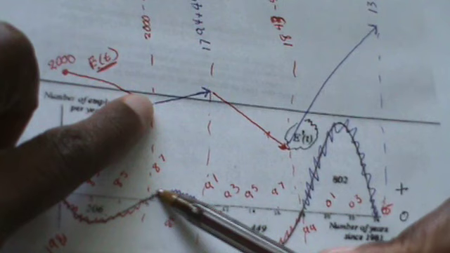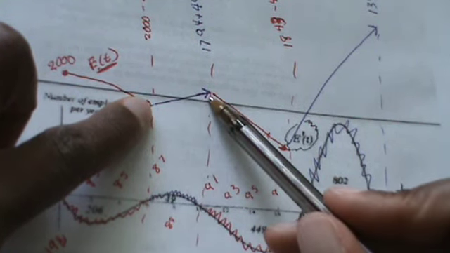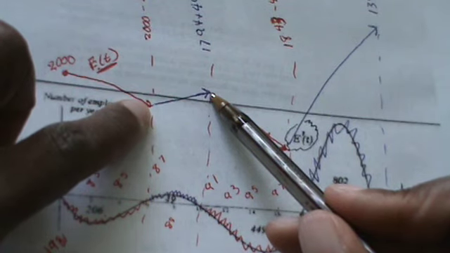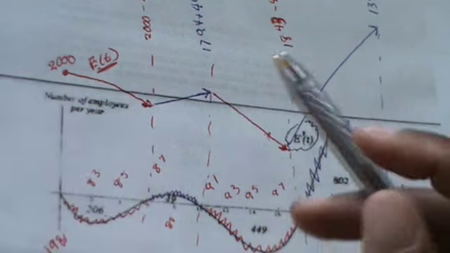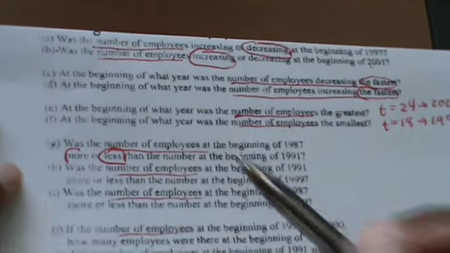How do I know that? E prime is positive, which means E should be increasing that entire time. So 1991 yields more employees than at 1987. So let's see how we're going to answer that. 87 was less. Oops. Right. 87 had less employees than 91.